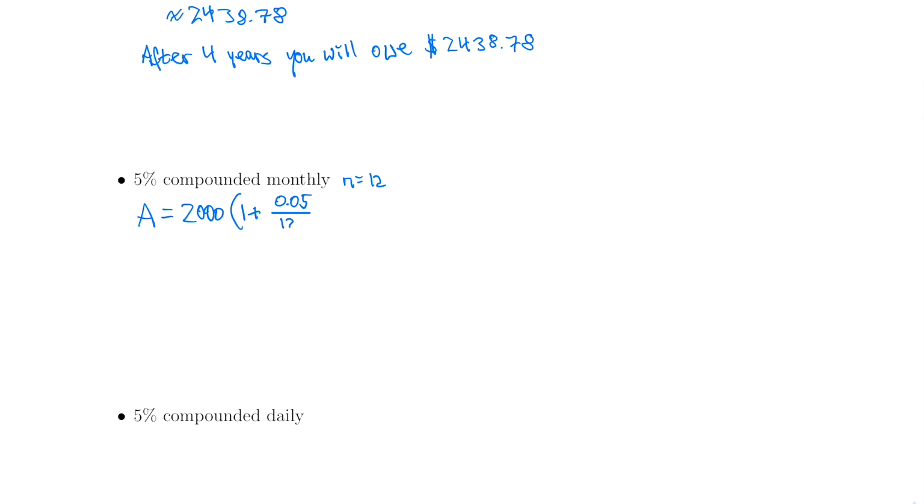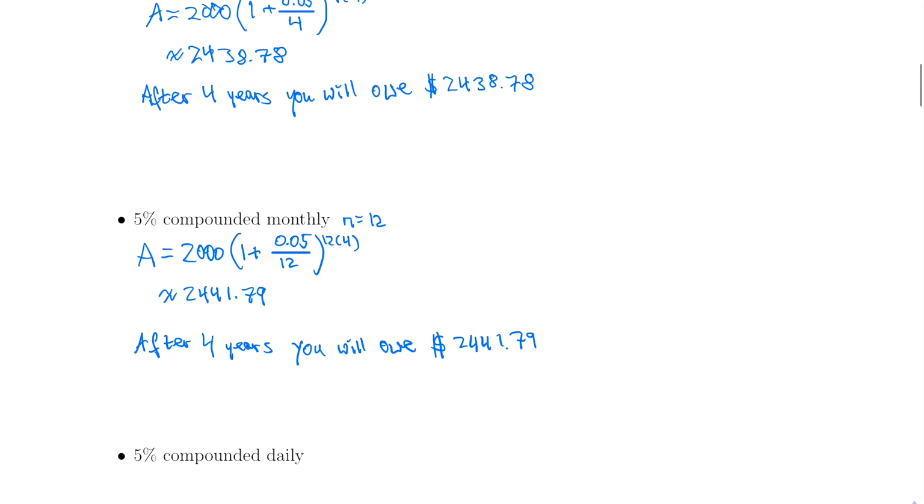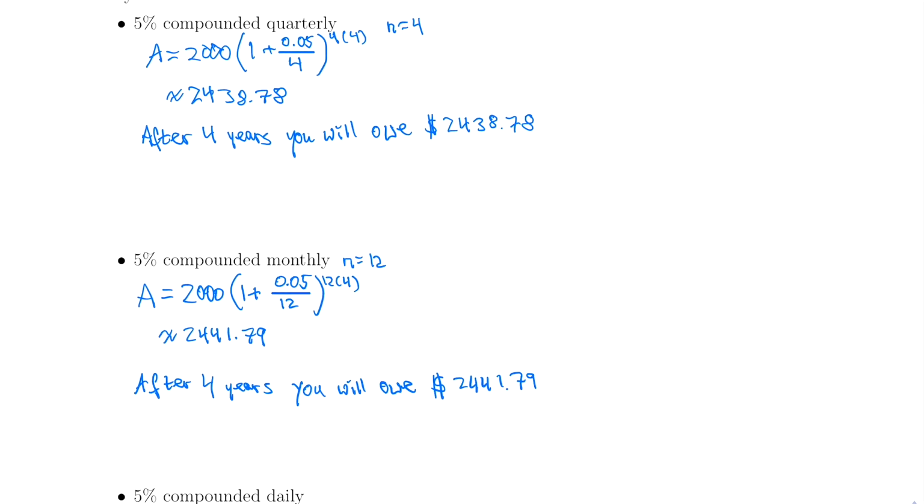We divide therefore by 12, our n, and then to the power of 12 times 4, and again we plug this into our calculator and get $2,441.79. So after 4 years you will owe $2,441.79.